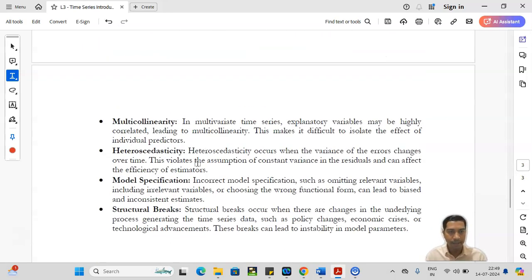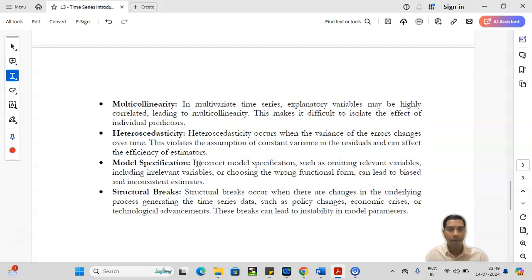Then, of course, there is a possibility of multicollinearity and heteroscedasticity, problems related to model specification, or a structural break.